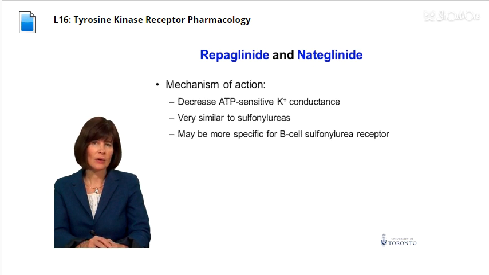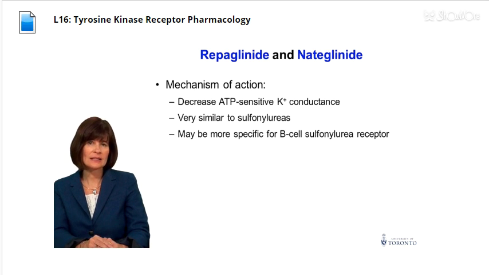Other drugs that also act by increasing insulin secretion are shown here on this slide. These drugs are amino acid derivatives with mechanisms of action that are similar to the sulfonylureas. Advantages of these newer drugs are that they can act very rapidly and may be more specific for beta cell potassium channels than other types of channels, and their actions are more glucose dependent.